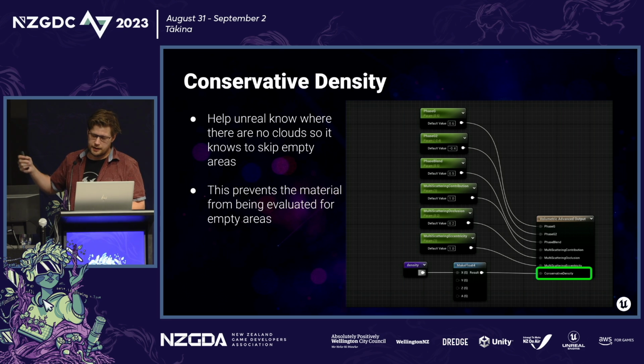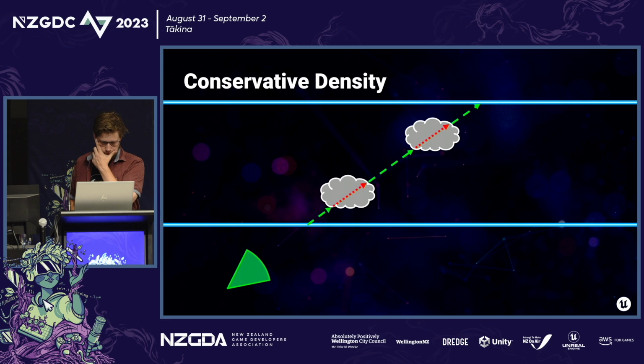And then when it encounters a positive value based on some threshold, it's going to evaluate the full material. You can choose where in space you want to spend the cost of evaluating the whole material. You can visualize it like this, where the green section is skipping lots of empty space. And as soon as we encounter some density, that's where we want to take smaller steps and incur the cost.